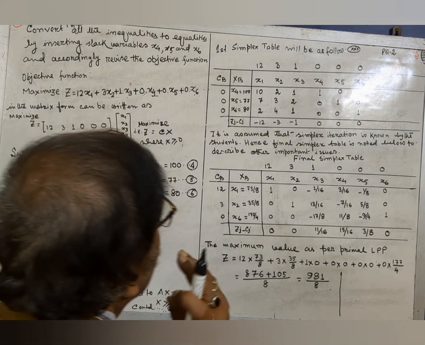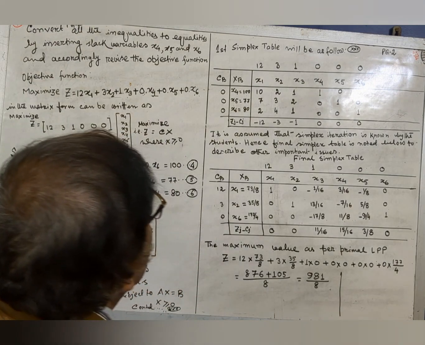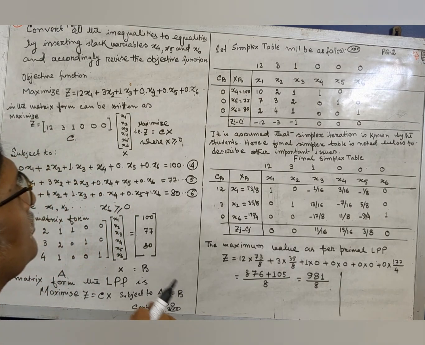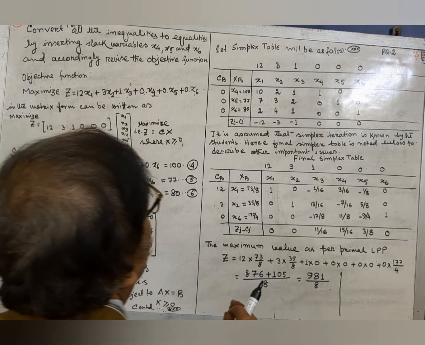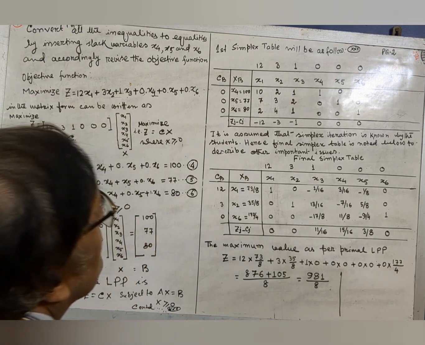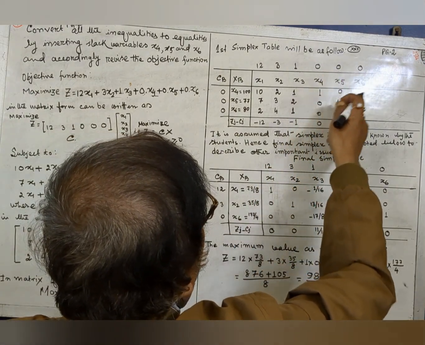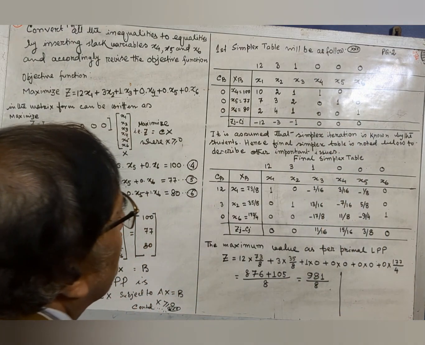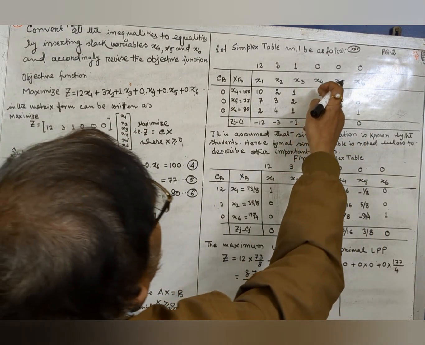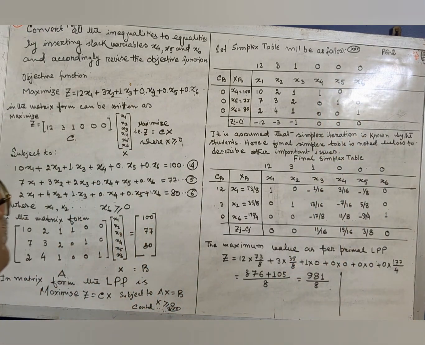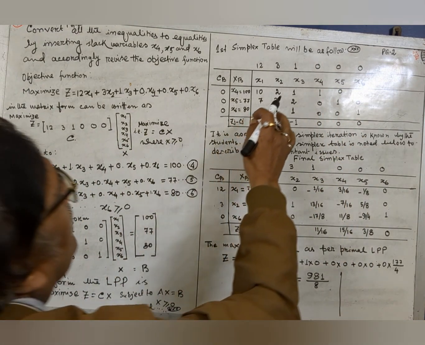We can solve uniquely for a maximum of 3 variables with 3 equations. That's why we have to put 0 for the other variables. For convenience, we take the basic variables as x4, x5, x6, and the rest of the variables are put as 0.